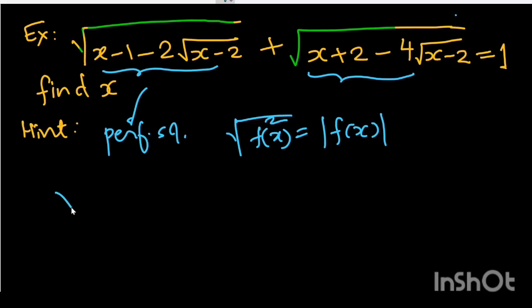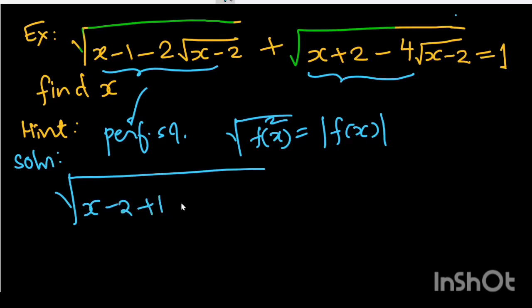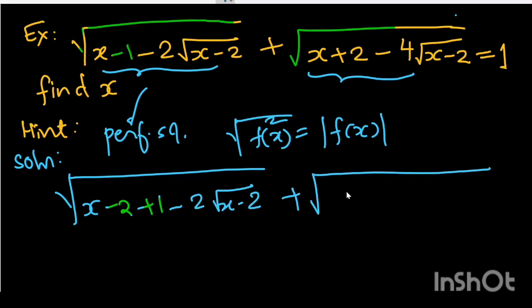Directly heading towards the solution, x minus 1 we can write as x minus 2 plus 1, guys. Minus 2 under root x minus 2 as it is. Here also x minus 2 we will write, and to balance it we write plus 4, so x plus 2 is written as x minus 2 plus 4.